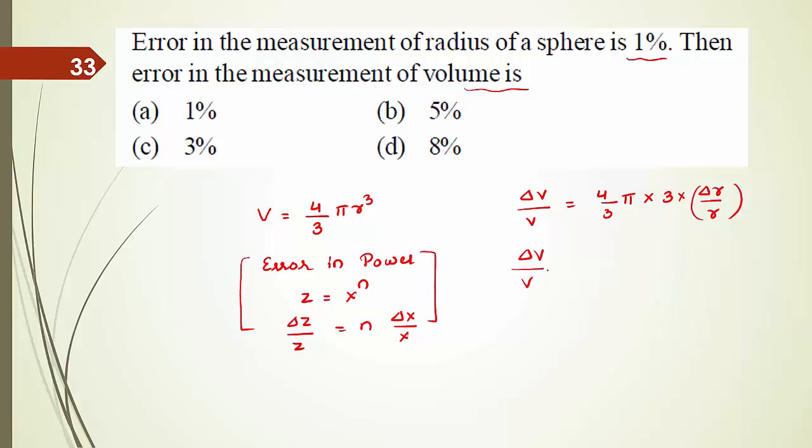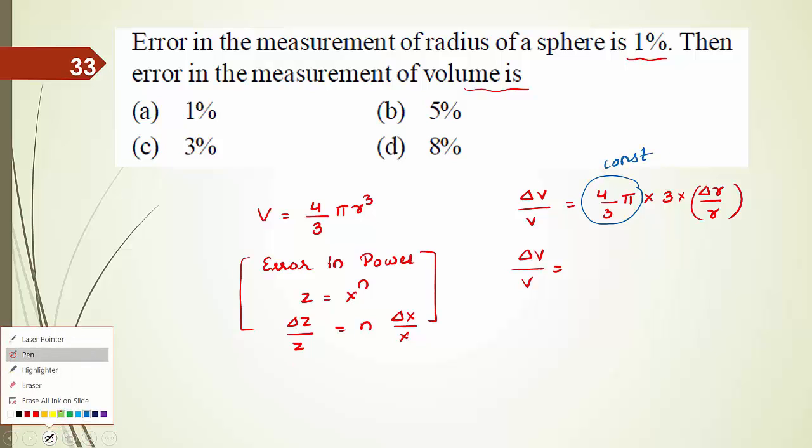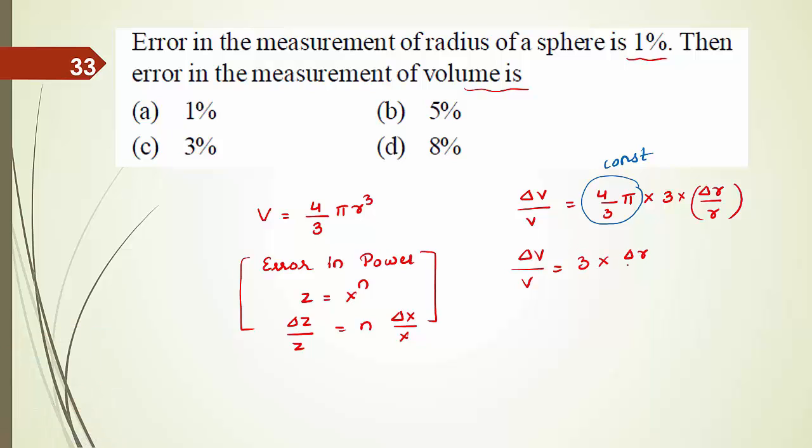Delta V over V equals 4 by 3 pi; these are constant values. You can observe 4 by 3 into pi is constant. Leave it. Remaining is 3 into delta r over r.